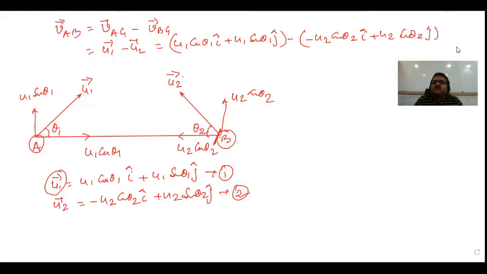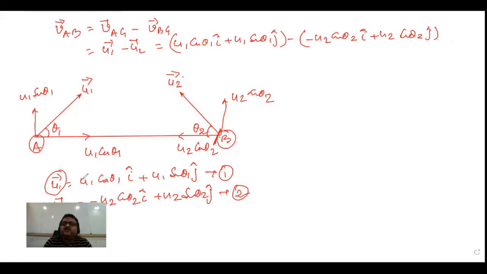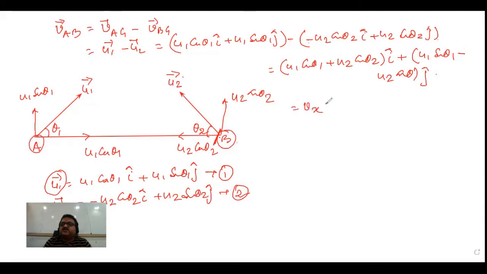Now let us write this in the format of i cap and j cap: u1 cos theta 1 plus u2 cos theta 2 i cap, plus u1 sin theta 1 minus u2 sin theta 2 j cap. Now let us write the x component as Vx i cap and the y component as Vy j cap.